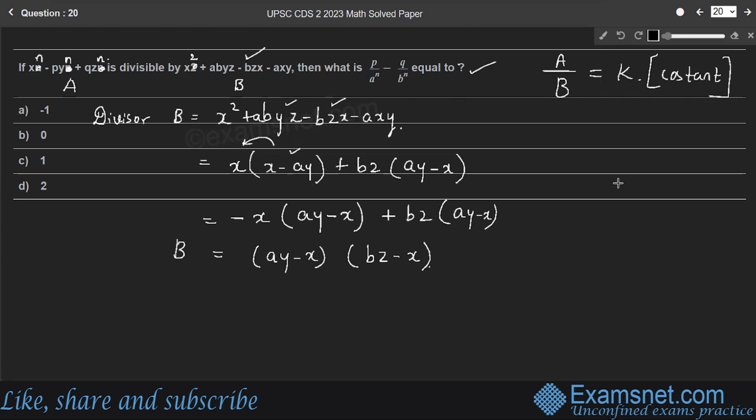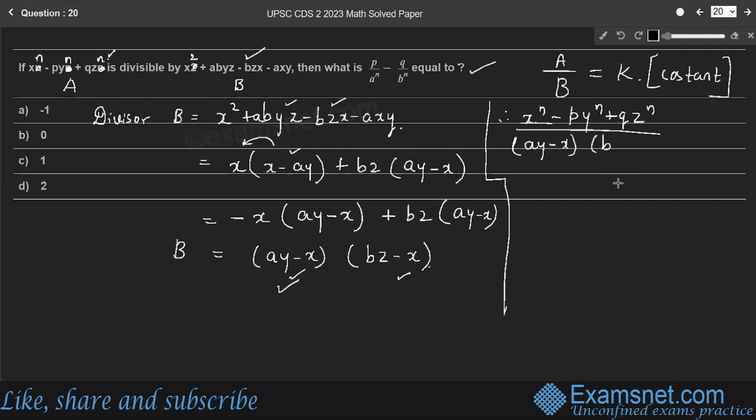So the divisor can be expressed as the product of two terms, ay minus x and bz minus x. It is given that the first expression, the dividend A, is divisible by B. So we'll consider that x raised to n minus py raised to n plus qz raised to n, divided by the divisor, the product of ay minus x and bz minus x, is equal to a constant k, right?